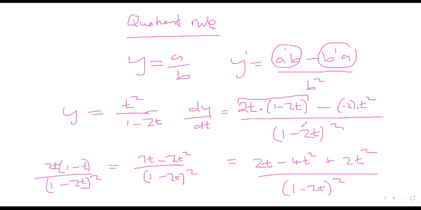So what remains just expanding? 2t times 1 is 2t. 2t times 2t is negative 4t squared. Then minus negative 2 is positive. Then 2t squared. Then here we square that. So this is where we're ending. But you can simplify these two, minus 4t squared plus 2t squared. This gives us minus 2t squared. So you can get your full marks there, or just simplify it here if you want to go further.